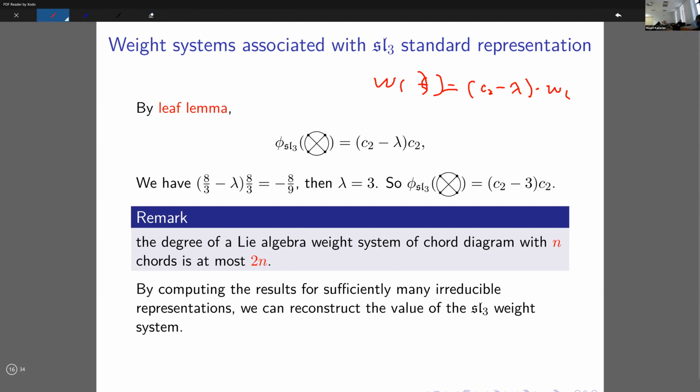If you remember from the previous talks, Polina also used this lemma in her computations of the values of the SL2 weight system. And this lemma is valid for an arbitrary Lie algebra weight system.